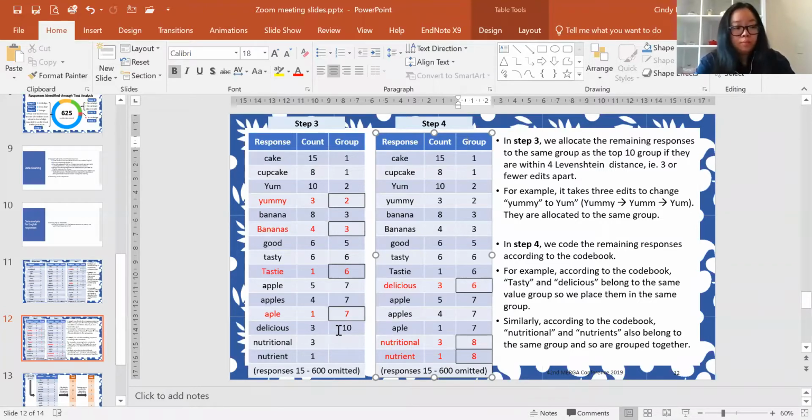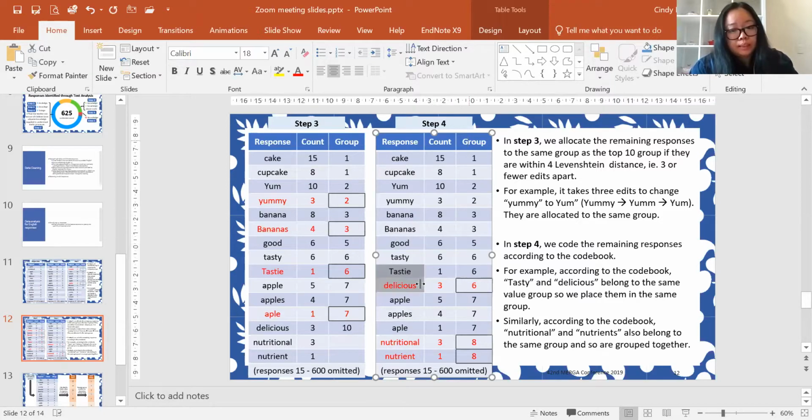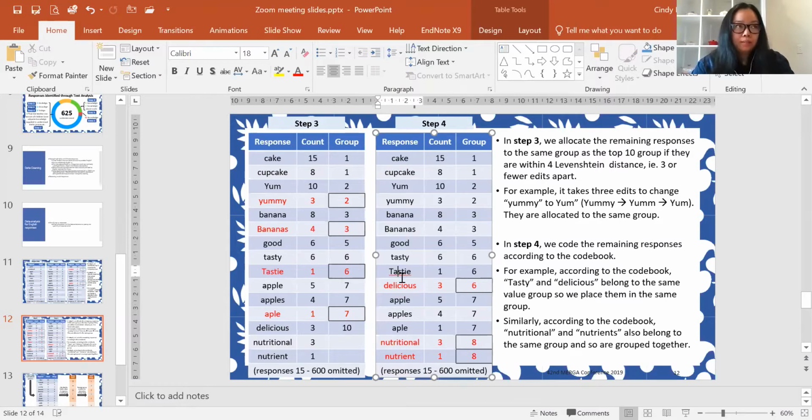So you just put this into the algorithm and it will group anything that is unsorted and contains these words as one group. You will also group anything that's already in the top 30 of the same values into the same group. For example, tasty and delicious. There isn't going to be any algorithm that would really group these two as the same group based on the word itself. So you will need an algorithm that recognizes these capture the same value and put them together. Same with nutritional and nutrient.